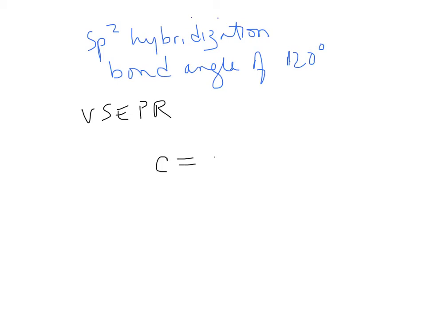So to draw the VSEPR structure, first, just using the lines for the bonds, we would draw this. You want to put your bond angles in 120 degrees, going all the way around, 120 everywhere. And next, you want to indicate the sp2 hybridization.